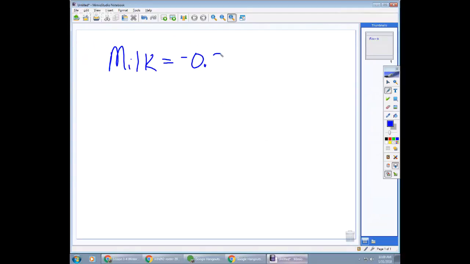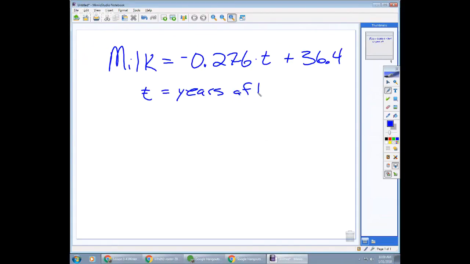Negative 0.276 times the time plus the starting point at 36.4. So you want to make a note of that on your paper. It doesn't necessarily have to be typed like that in the spreadsheet, but I can use it in the spreadsheet. And remember, T, I should make a note, is years after 1950.